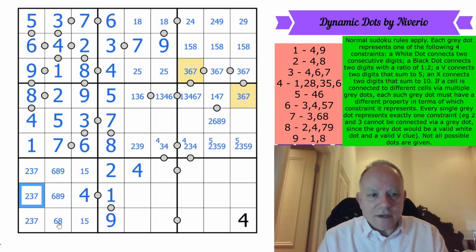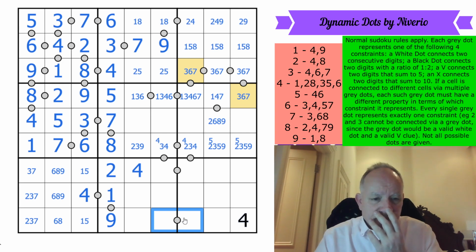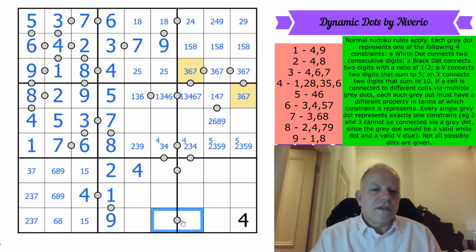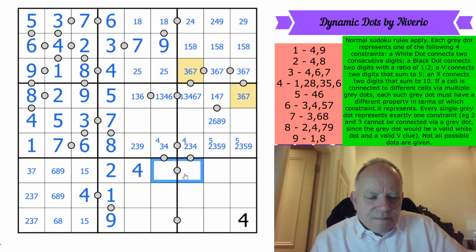Now that can't be a 9, that can't be a 2. This dot doesn't look that interesting to me. All I know, well, we can't have a 9 or 4 in it, or a 1 or 2. It's got to be about this little segment, hasn't it?